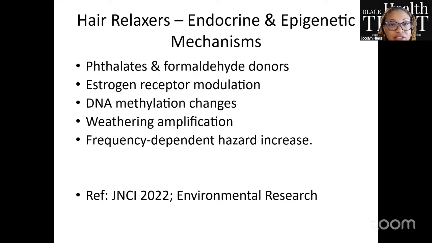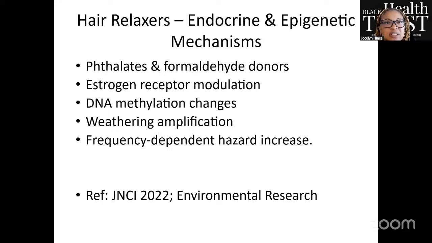So, hair relaxers and the endocrine and epigenetic mechanisms. Phthalates and formaldehyde donors, as well as estrogen receptor modulation and DNA methylation changes, weathering amplification, and frequency dependent hazard increase.